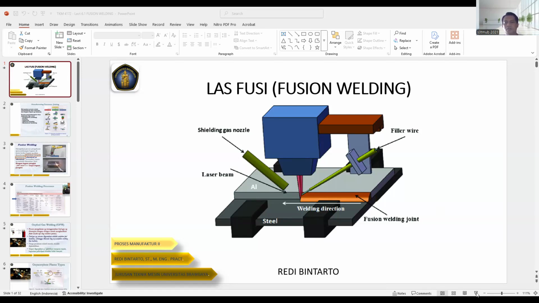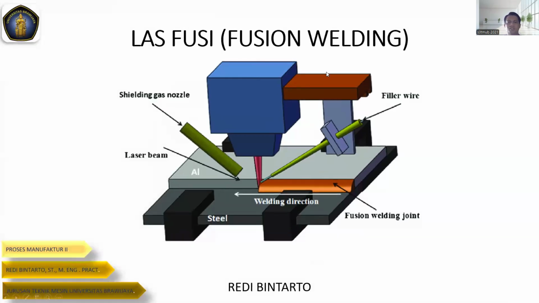I would like to continue our class today, and we are talking about fusion welding. As we can see in the PPT, fusion welding is one of the methods in welding, which connects two pieces of metal.